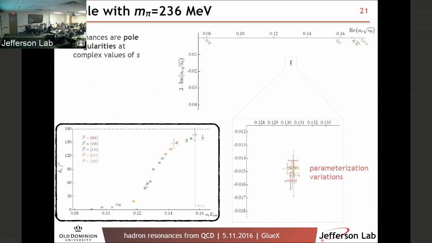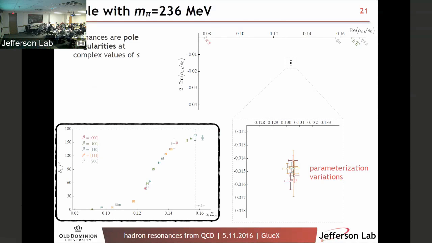Just to foreshadow something that's going to come later, if we want to be a little bit more precise about what we mean by the mass and width of the rho, or really of any hadronic resonance, one thing we can do is think of the scattering amplitude as being a function of complex energy.